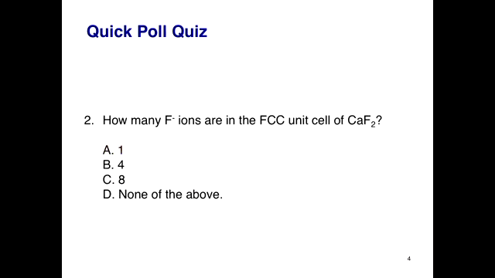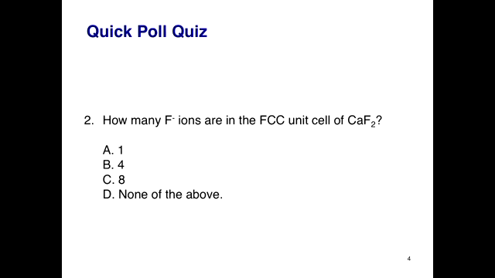Let's look at the next question. How many fluoride ions are in the face-centered cubic unit cell of calcium fluoride? How many fluoride ions are in the face-centered cubic unit cell? 10 more seconds. 5, 4, 3, 2, 1.